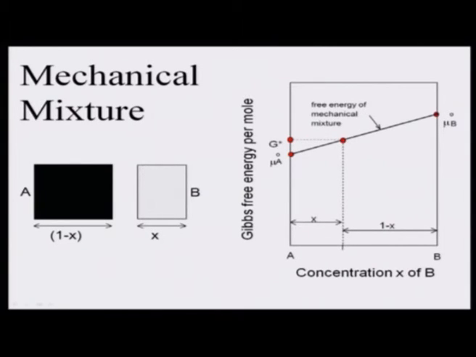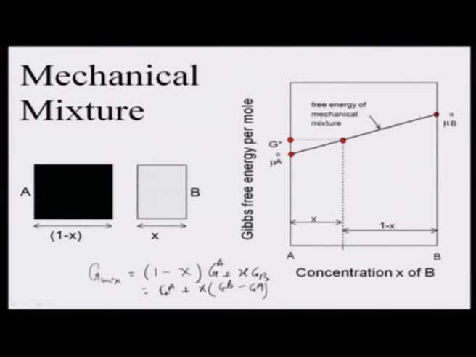G of the mixture is nothing but (1 minus X) G of A plus X G of B, and this is a straight line equation, clearly see that. How is it? G_A plus X (G_B minus G_A). So this is X, this is a straight line equation and I have plotted that.